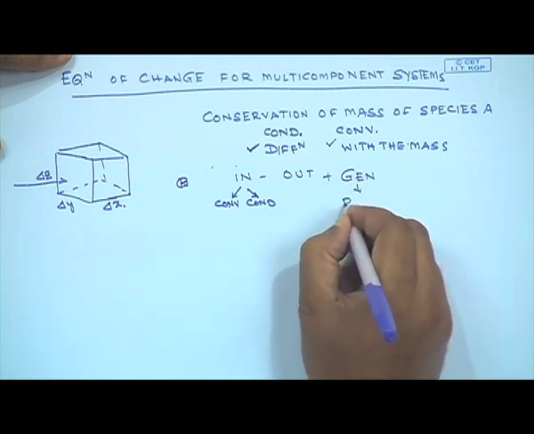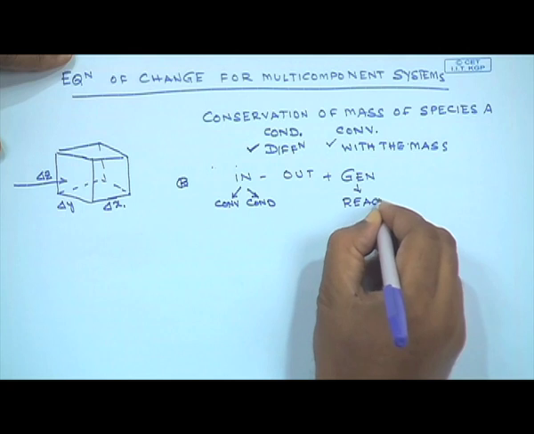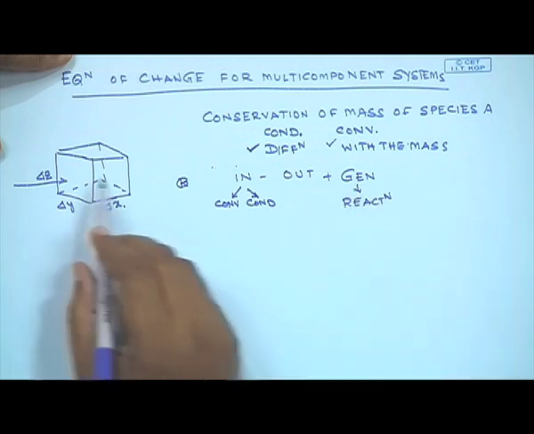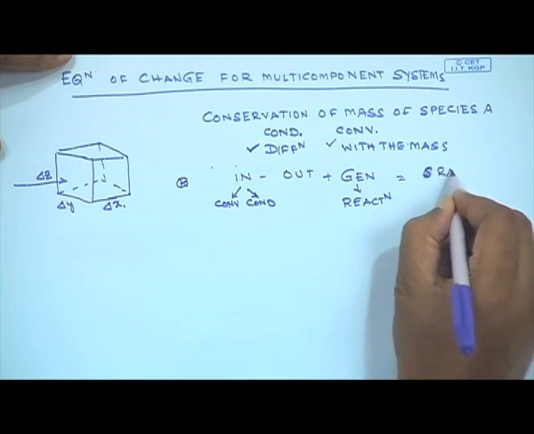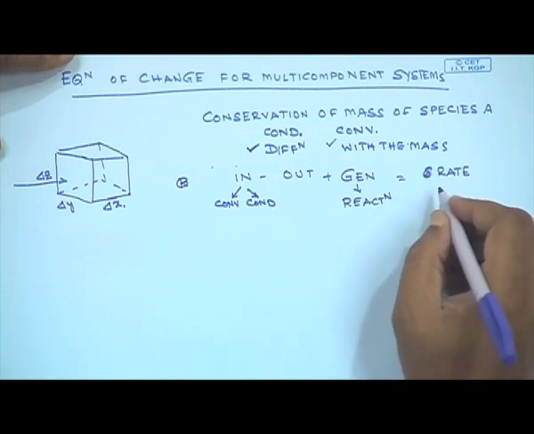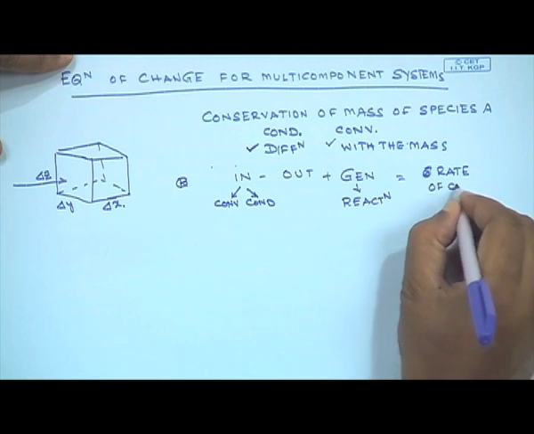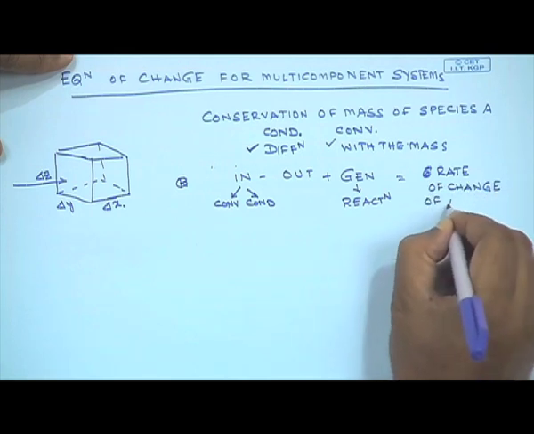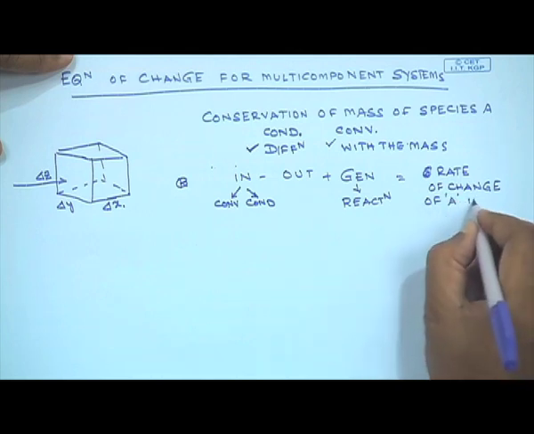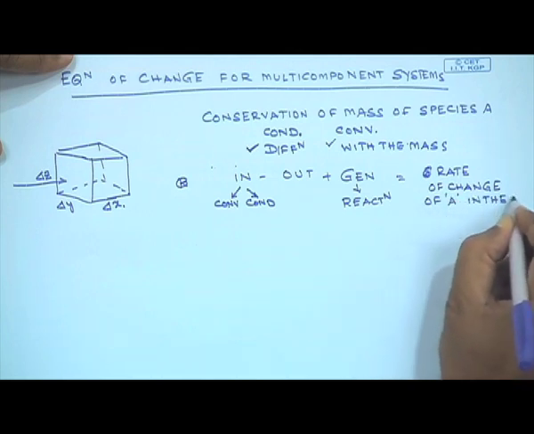This generation or depletion is due to the reaction which is taking place inside the control volume, must be equal to the rate of change of species A in the control volume.